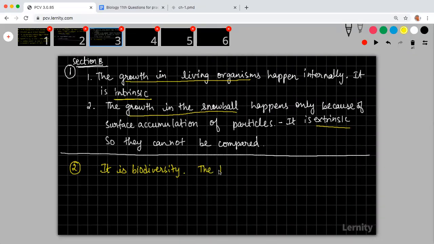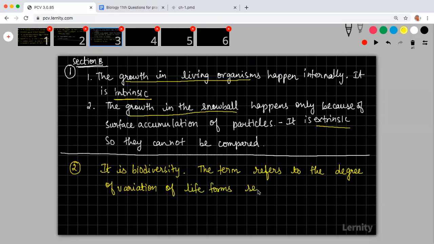The term refers to, what is biodiversity? Instead of writing 'term means', you can write 'the term refers to' the degree of variation of life forms seen in a particular area.